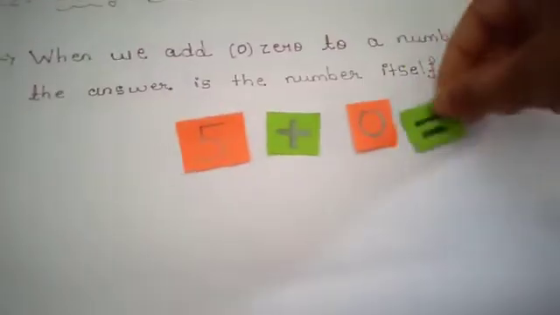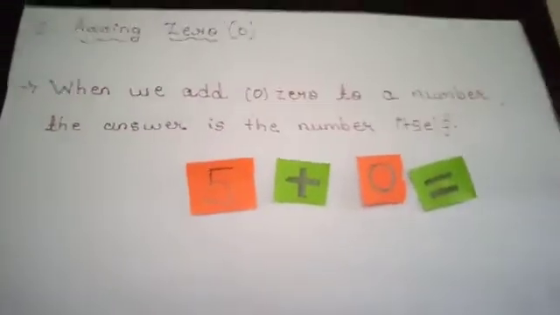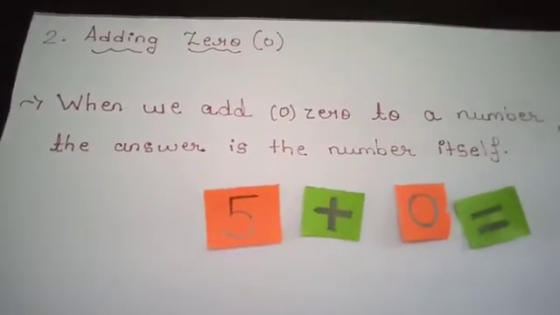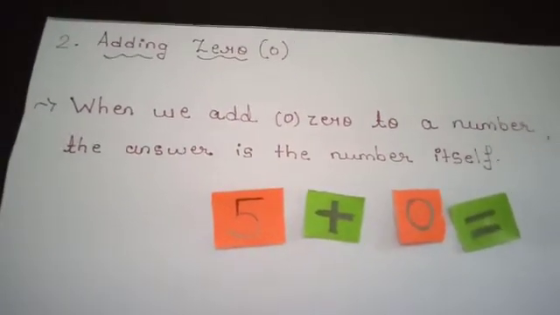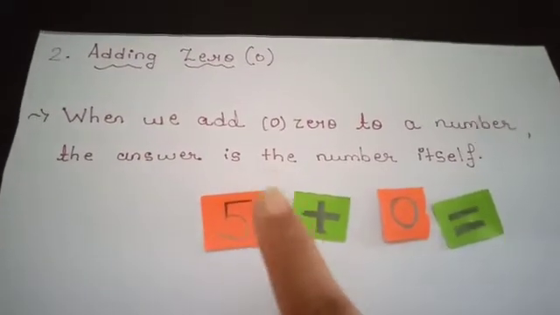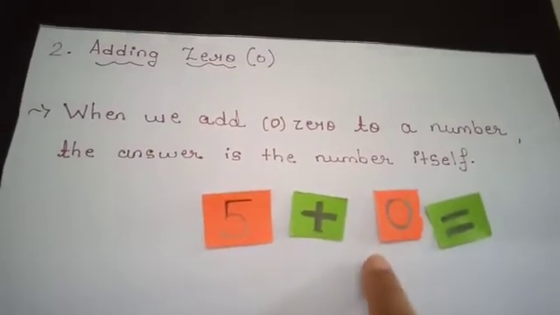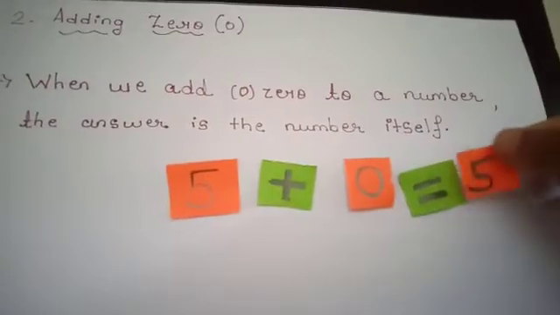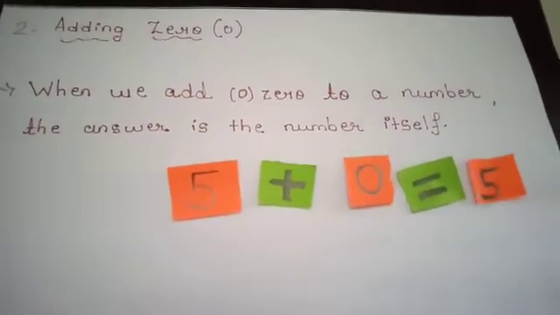So, we can say 5 is the origin and 0 is the addend. The bigger number here is 5. If we add 5 with 0, what will we get? The number itself. So, our sum is 5.